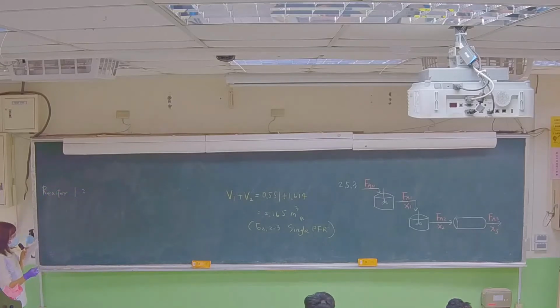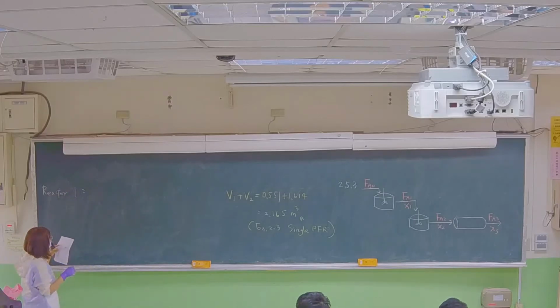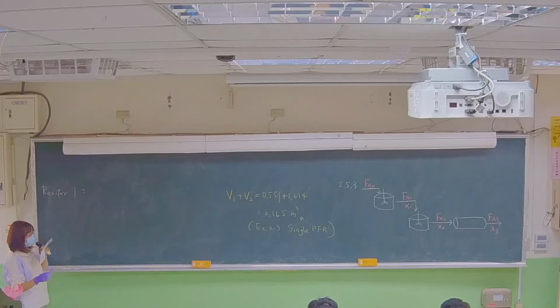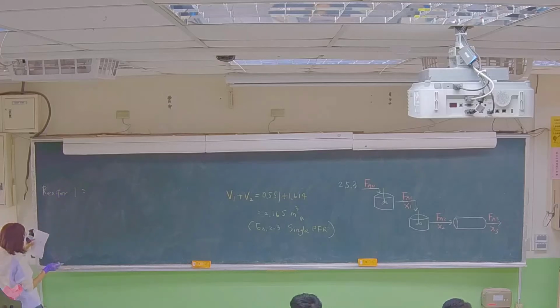Okay, so for reactor 1, I will directly write down the formula. I will not start from a general mole balance equation. If you want to derive the formula, you can check the formula before. I have derived the formula before.